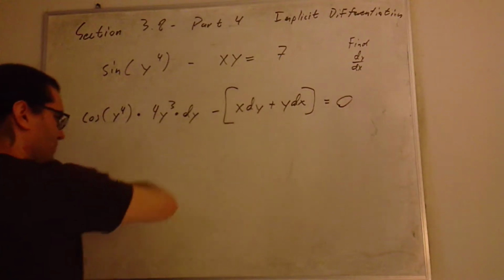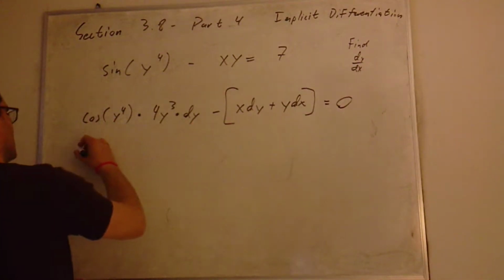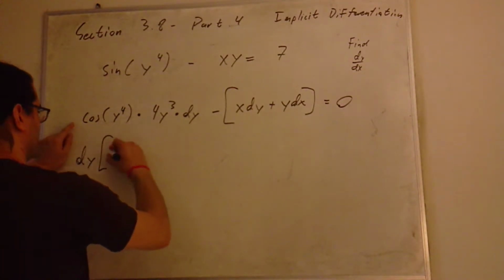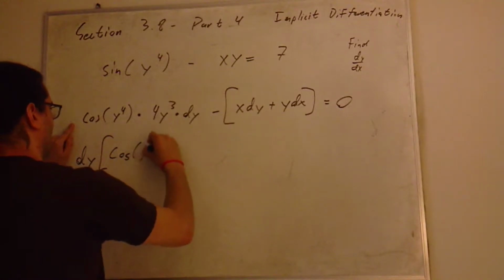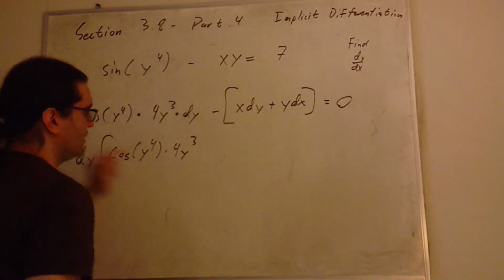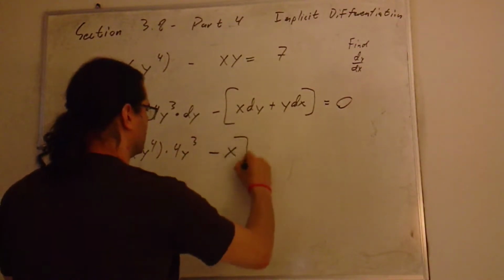I like to put all of my dy's on the left and all of my dx's on the other side. So I have a dy times this whole business, cosine of y to the fourth times 4y cubed. This is a dy piece, so I'm going to do minus x.